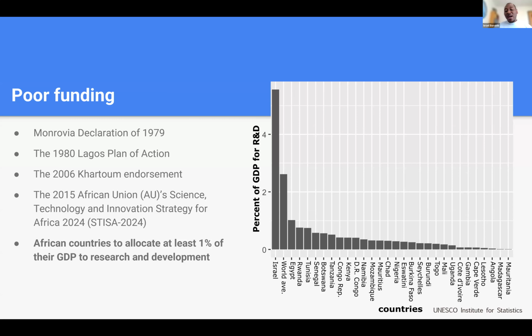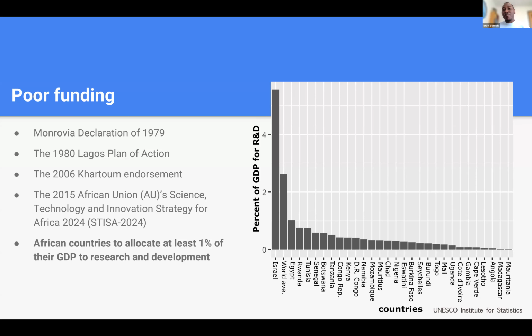And then you have those two bars there, which compare the world average and the country that contributes the most of its GDP to R&D, which is Israel, on the first bar of the graph. So you see, comparing the world and Israel to the rest of the continent in Africa, what is being contributed to R&D in Africa is abysmally low and needs to be improved on.